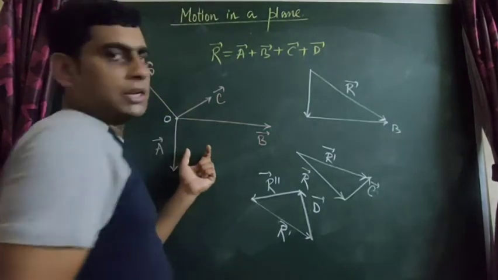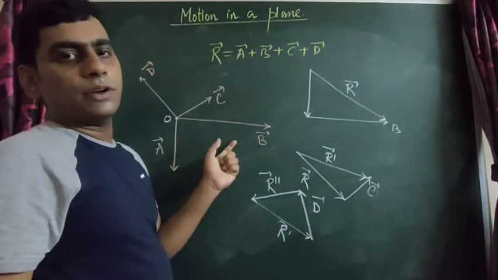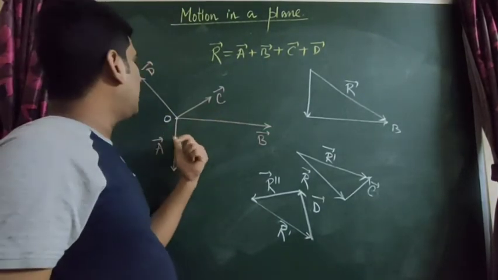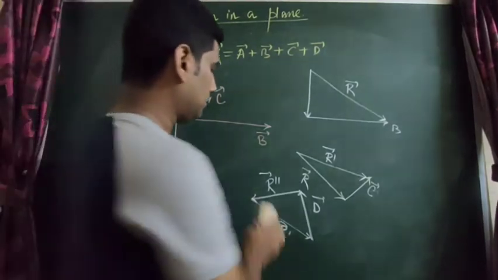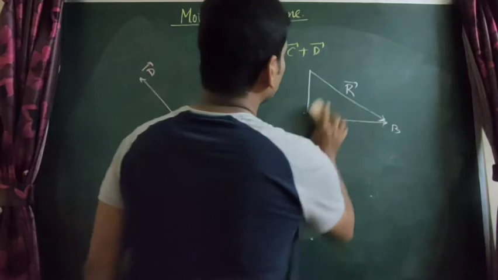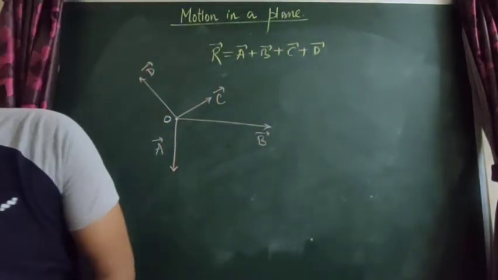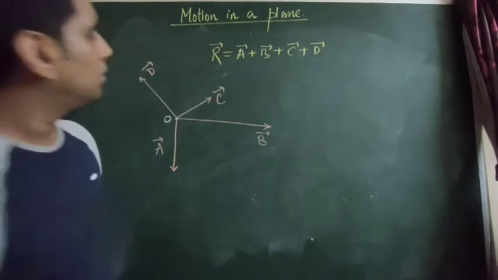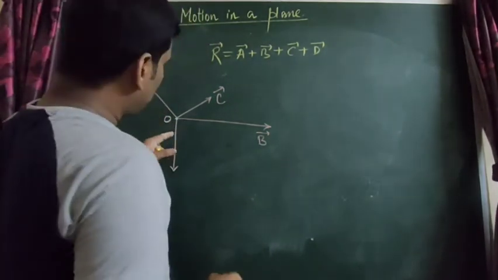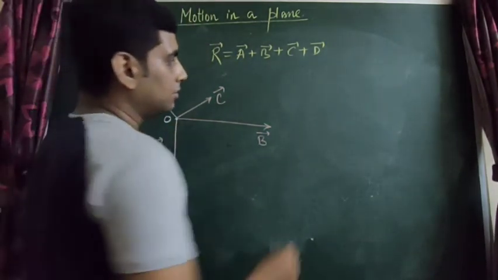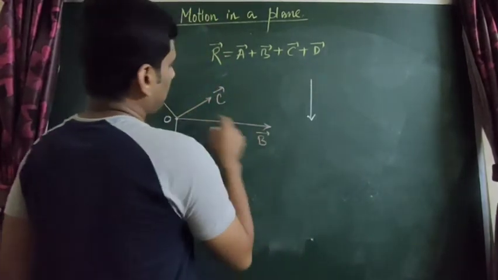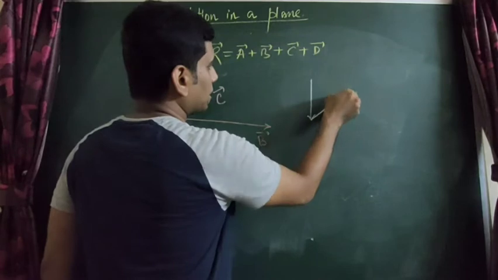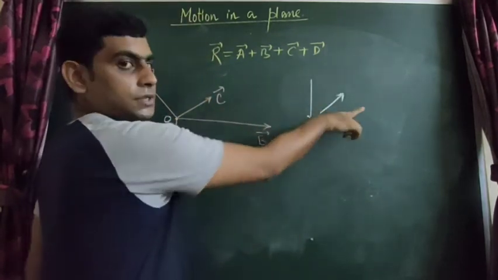But it is not necessary that every time I have to add A with B first. I can add A with C, or I can add A with D first, then B and then C. Let me show you. Suppose here, first I will draw A and add C. So first the A vector in this direction, and from that, C. Look at the direction of C, I have drawn it like that.